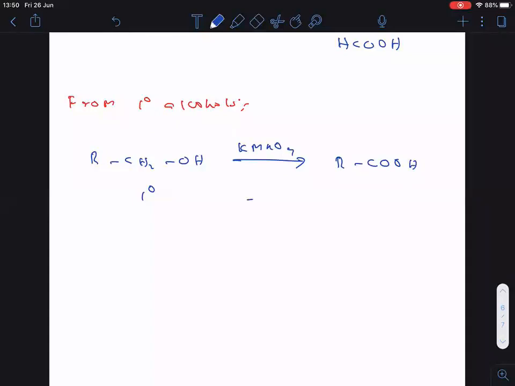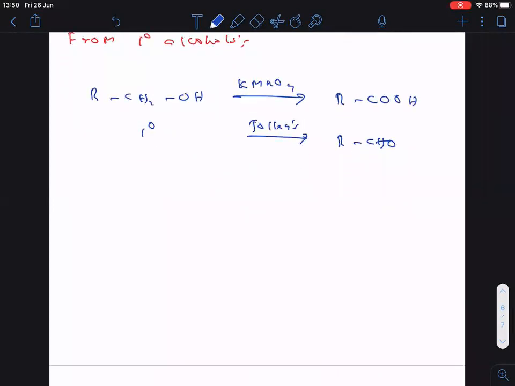If you take a mild oxidizing agent, like Tollens reagent, then what happens, you know? You will get aldehyde only, not acid. So remember, from a primary alcohol, if you want acid directly, use a strong oxidizing agent. If you want aldehyde, then use a mild oxidizing agent.